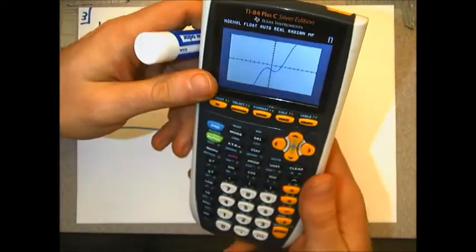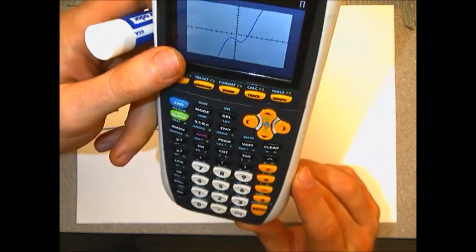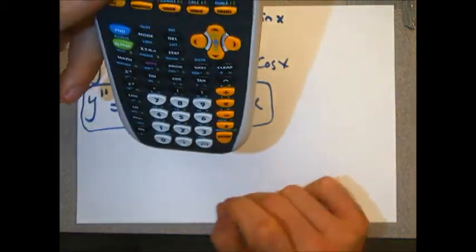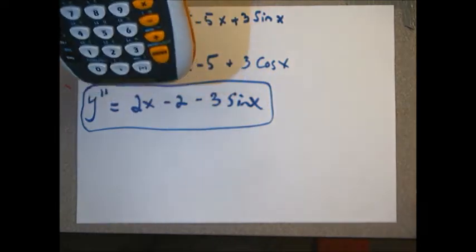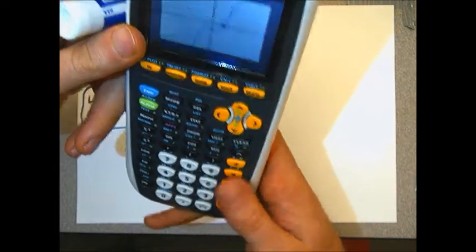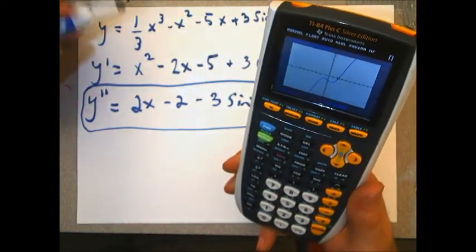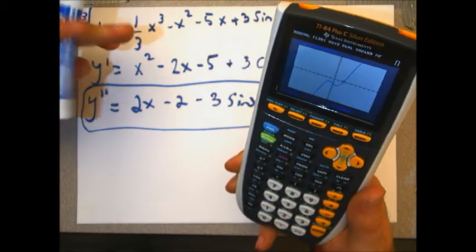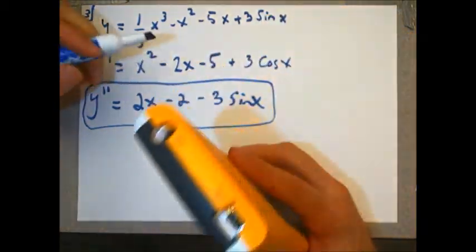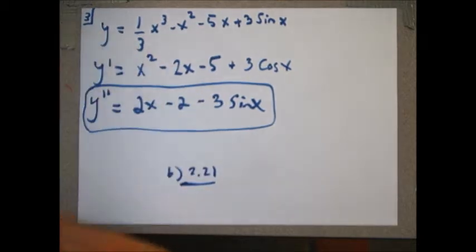Where is it at 0? So you can look at it and you see if you're doing it on your calculator, it's about between 2 and 3. So if you look at the choices, 2.21 would be the best guess, right? So if you trace to 2.21, y is 0.01, so very, very close to being a 0. So the answer is choice B, 2.21.